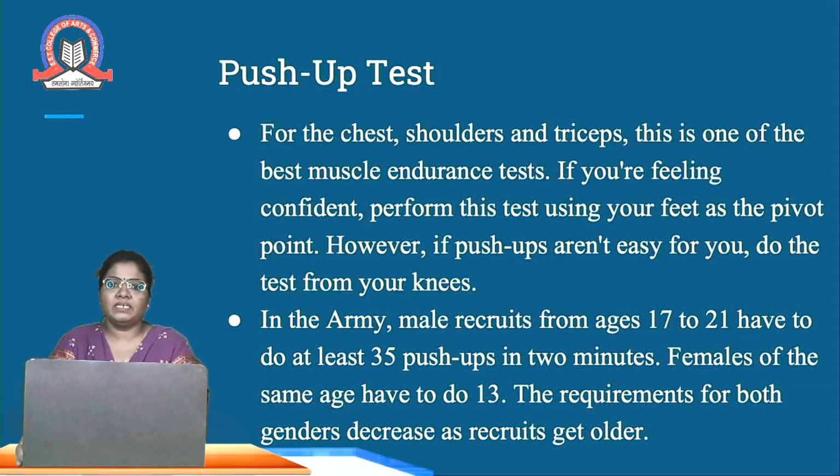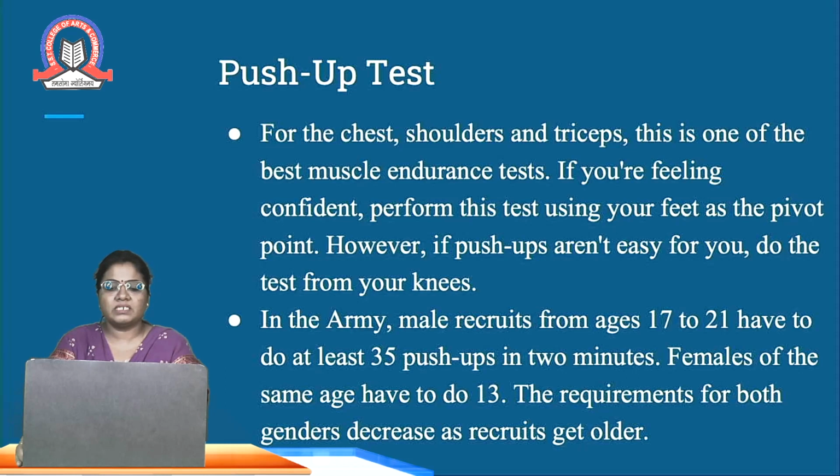In the army, male recruits from age 17 to 21 have to do at least 35 push-ups in 2 minutes. This is the required endurance of male muscle in army selection. Females of the same age have to do 13 push-ups in 2 minutes.